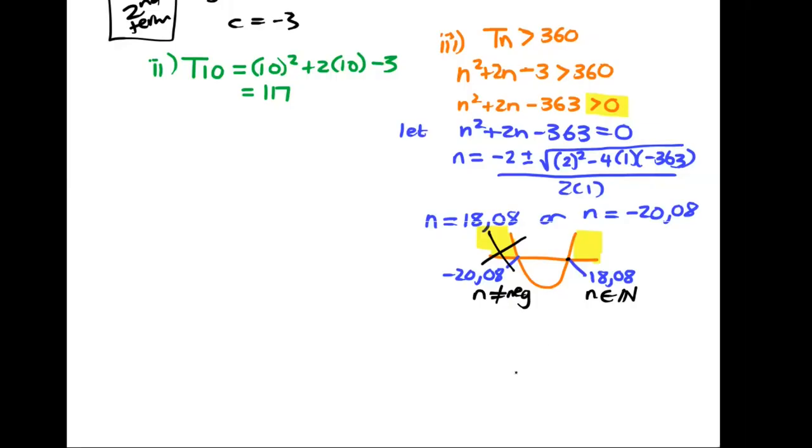So that is not a natural number. So you say, okay, well, we're looking on the right-hand side. So that's where the numbers are getting bigger. So what is the first number bigger than 18,08? The first number bigger than 18,08 is 19. There we go.